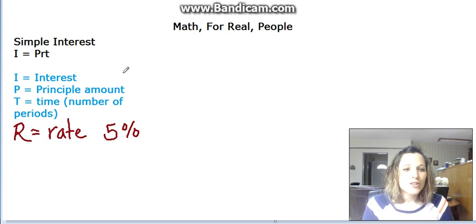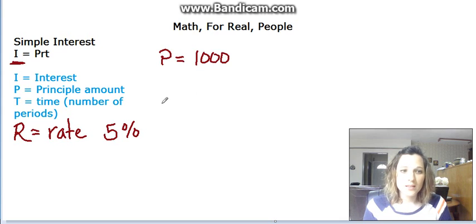So you want to find your interest. Let's say you're going to have the principal amount be $1,000. So your P is going to equal $1,000. You have $1,000 to invest. And your time, you're going to make sure you leave it there for 5 years. So every year you get 5% interest.